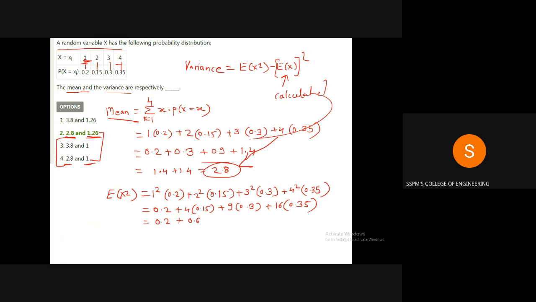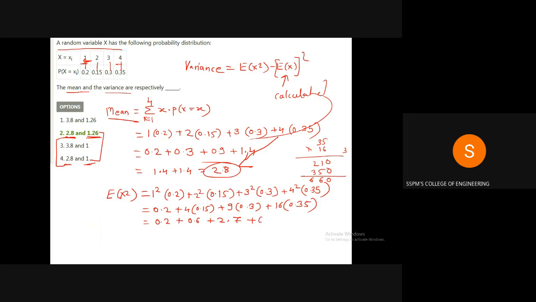Here it is 0.6 plus 2.7 plus, what is 16 into 0.35? So I will multiply it here. 35 into 16 is 5.60.